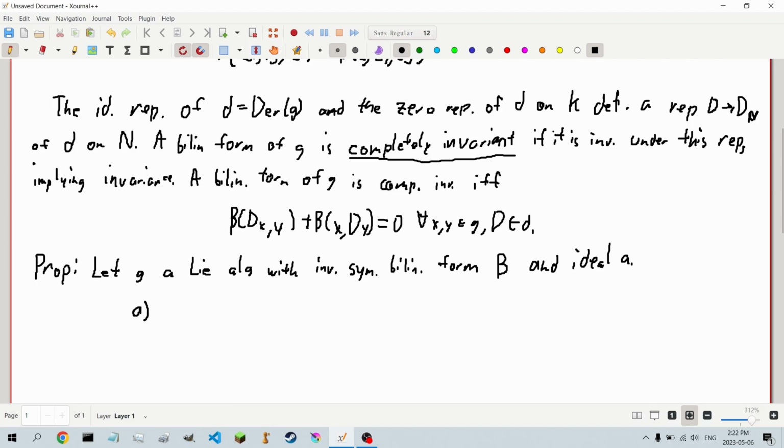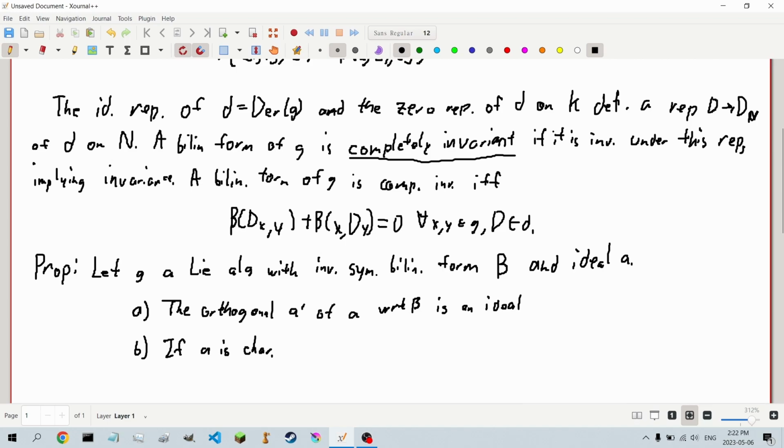Part A, the orthogonal A prime of A with respect to beta is an ideal of G. Part B, if A is characteristic, which means it is invariant under all derivations, not just the inner ones, and also beta is completely invariant, so it has this property on derivations, then the orthogonal A prime is itself going to be characteristic.